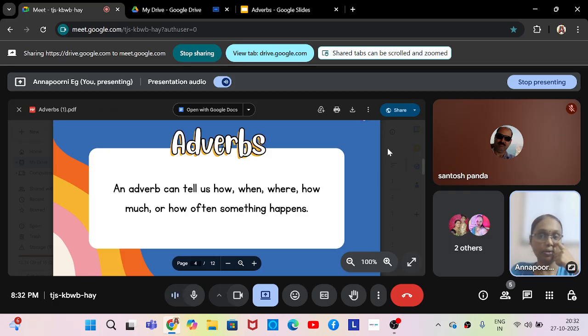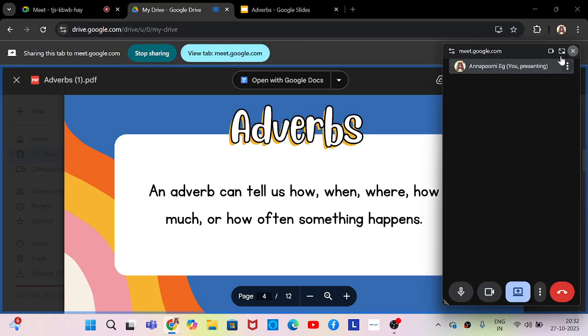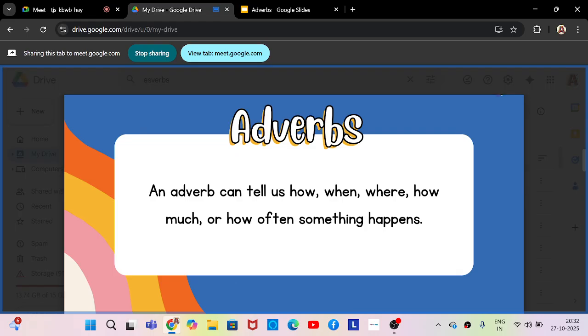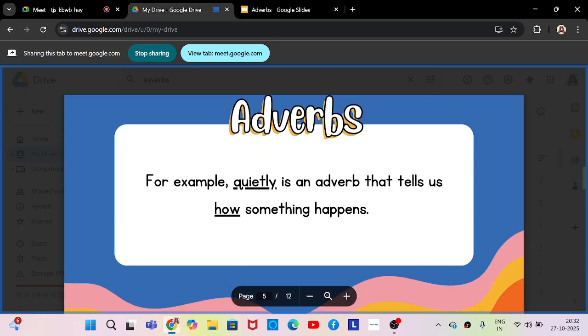Okay, so all these are examples for adverbs. So adverbs will be answers for questions like how, when, where, how much and how often. Whatever answer you give to these questions, such words are all adverbs. Now, for example, quietly is an adverb that tells us how something happens.